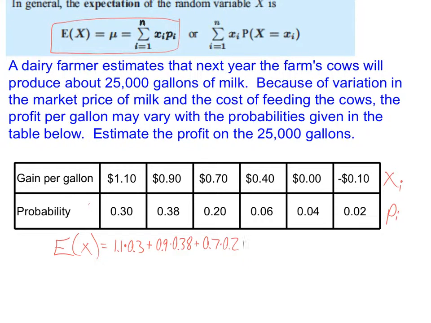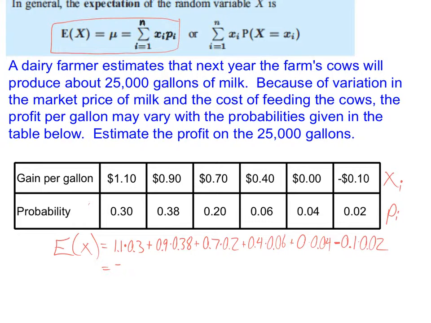Alright, so now we go on here. We have 0.4 times 0.06. We have 0 times the 0.04. And we have a minus 10 cents times the 0.02. Okay? So now it's just arithmetic. Okay?